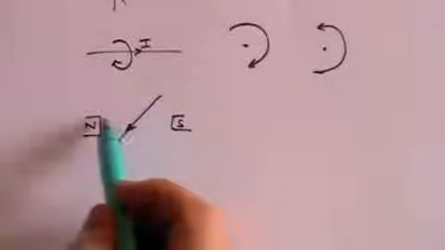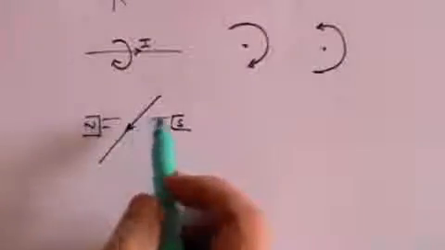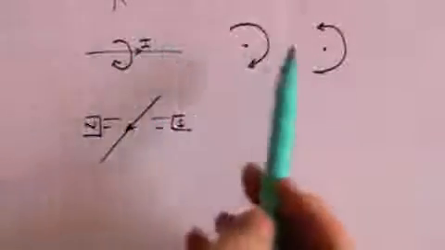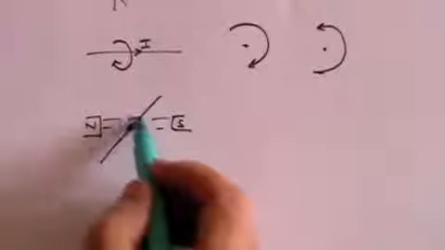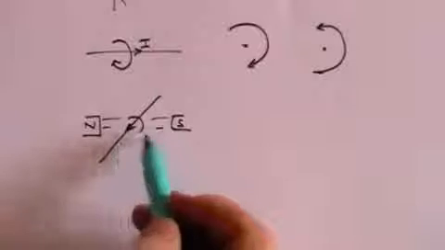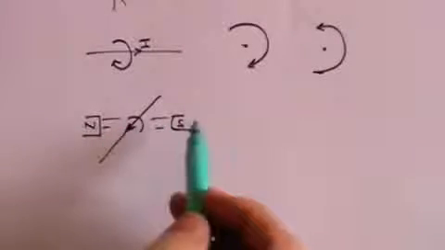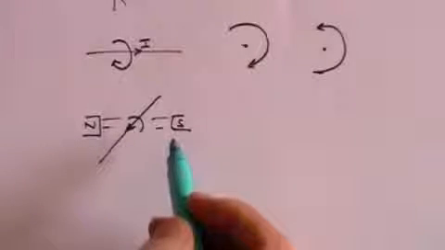And the reason is that there is a field between north and south, but there's also a magnetic field caused by the current going through the wire. And that magnetic field caused by the current in the wire interacts with the magnetic field that you've got on either side, and that will cause the wire to move.